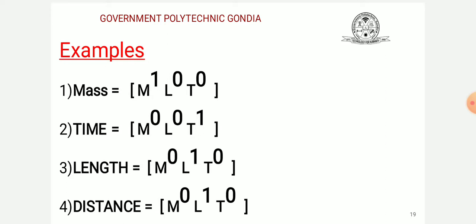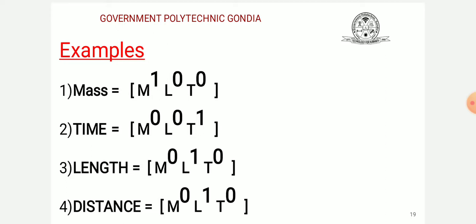There are 7 fundamental quantities. Which are they? They are mass, length, time, temperature, electric current, luminous intensity, and amount of substance. These 7 are the fundamental quantities.